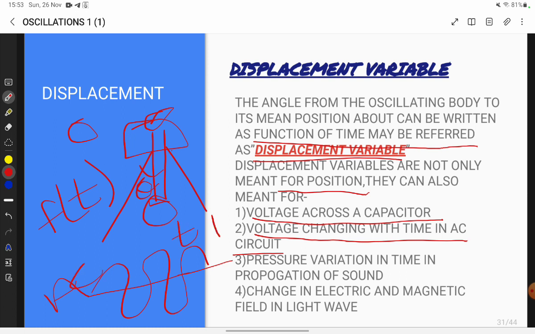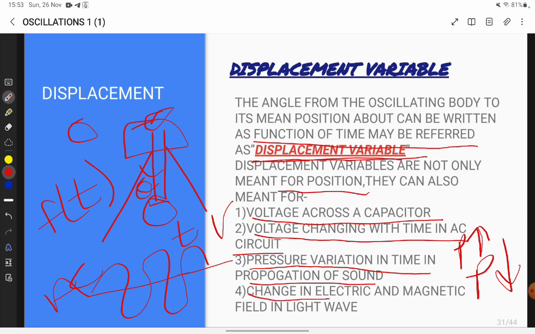Pressure variation in time in the propagation of sound: during propagation of sound, the increase or decrease in pressure with respect to time can be denoted by a displacement variable. Change in electric and magnetic field in a light wave is also an example of a displacement variable.